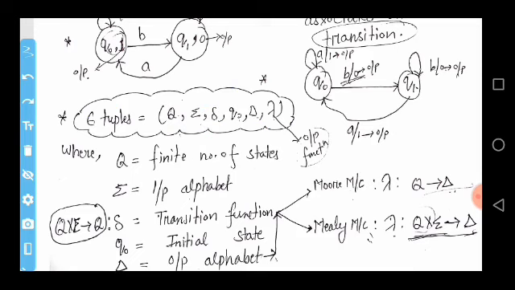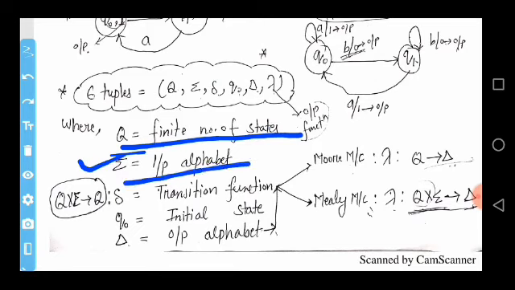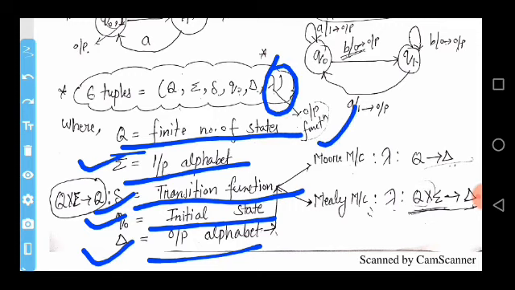Here Q represents a finite number of states, sigma represents the input alphabet, delta represents the transition function, Q0 represents the initial state, triangle represents the output alphabet, and lambda represents the output function.